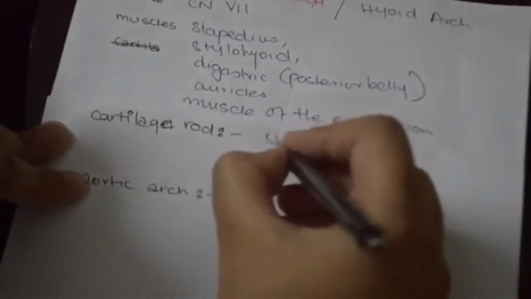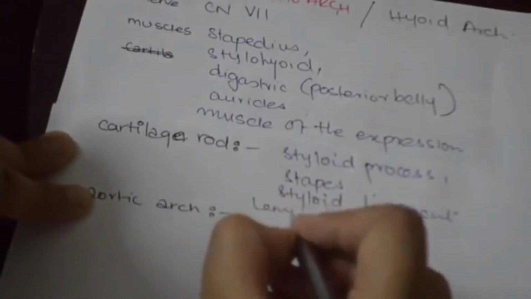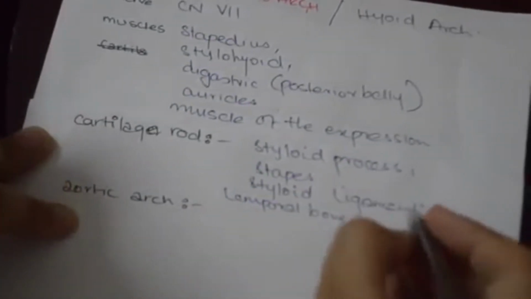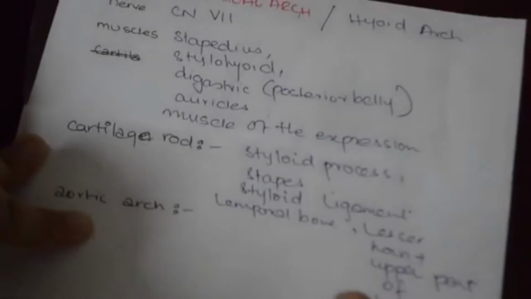Cartilage rod of the 2nd pharyngeal arch, we have the styloid process over here, we have stapes, we have styloid ligament, the temporal bone, and the lesser horn and upper part of hyoid bone. I'd like to show you how this is distributed.